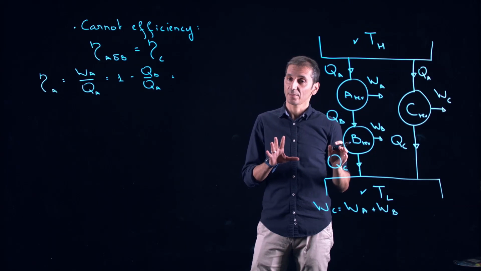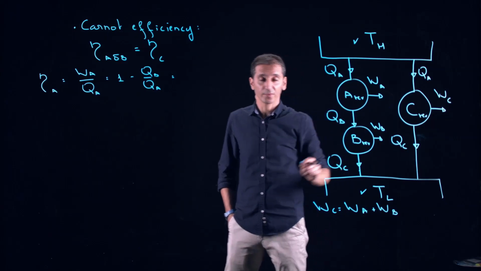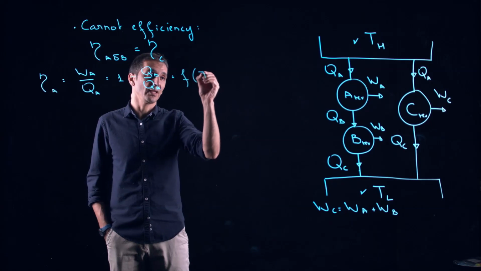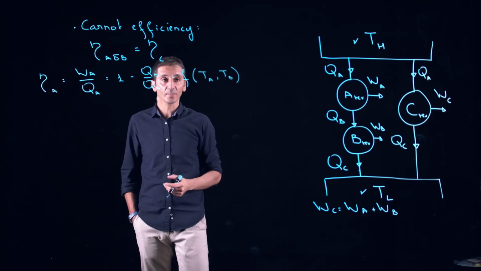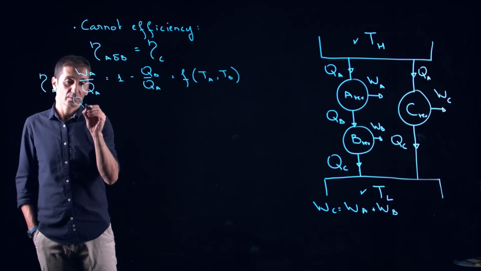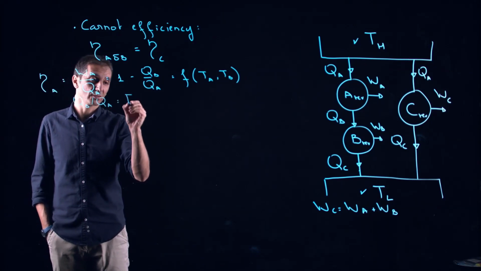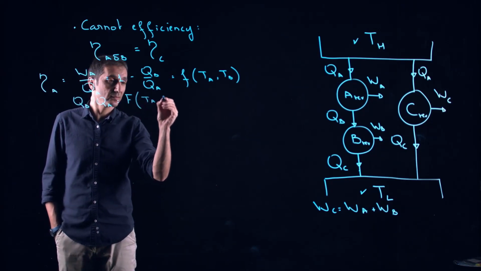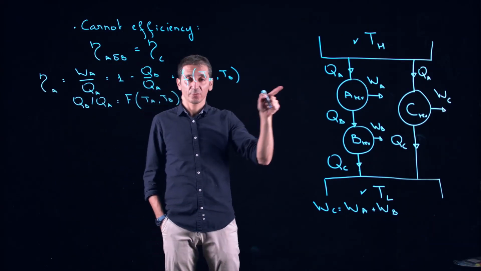This means that what determines the efficiency of a reversible heat engine is only the difference in temperature. So we can write that this is a function of TA and TB. Or we can write that this ratio QB over QA is equal to another function, which is 1 minus this function, of TA, TB.